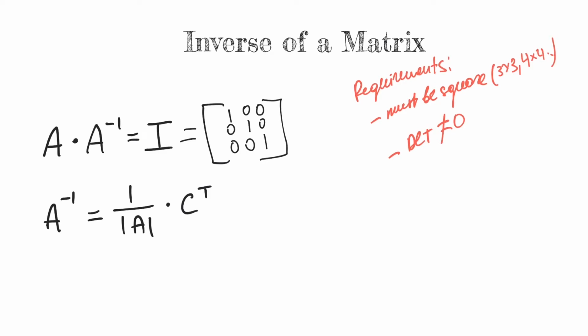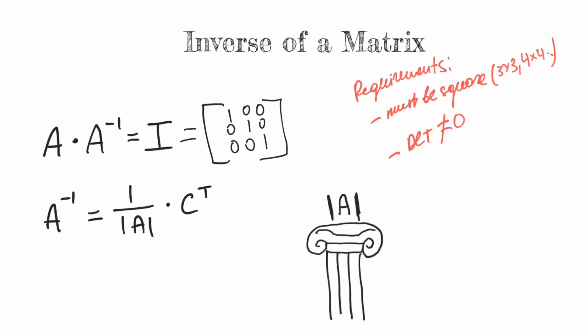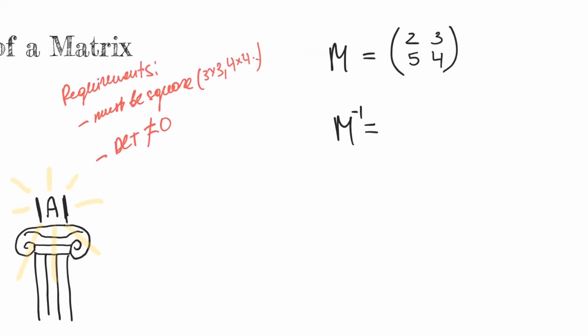So the determinant is really a handy tool to see if it even makes sense to continue with finding the inverse of a matrix, and we will later see the same pattern applies to the Cramer method, which is a method of solving systems of linear equations. That's going to be another video. But for now, let's try to find the inverse of a 2 by 2 matrix.